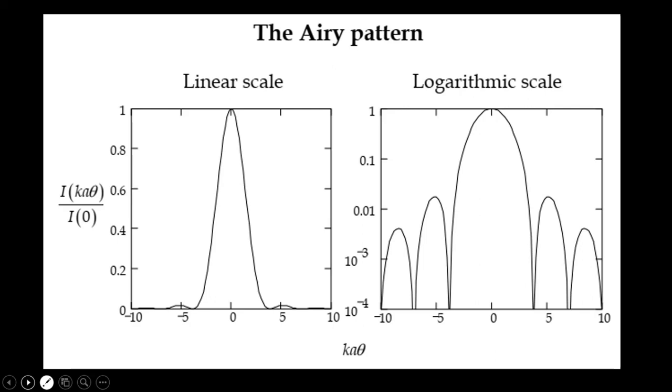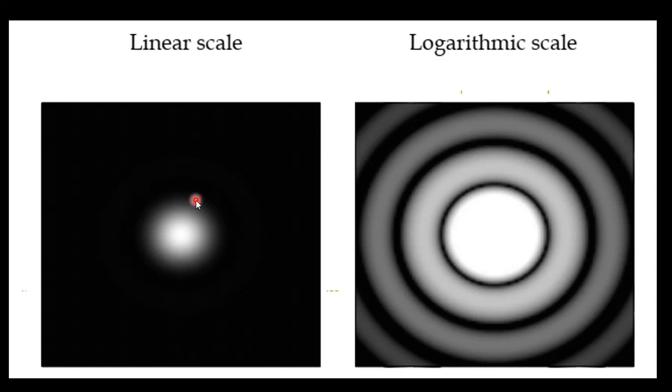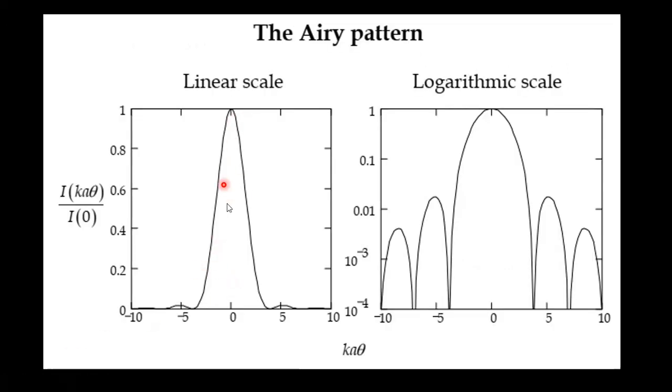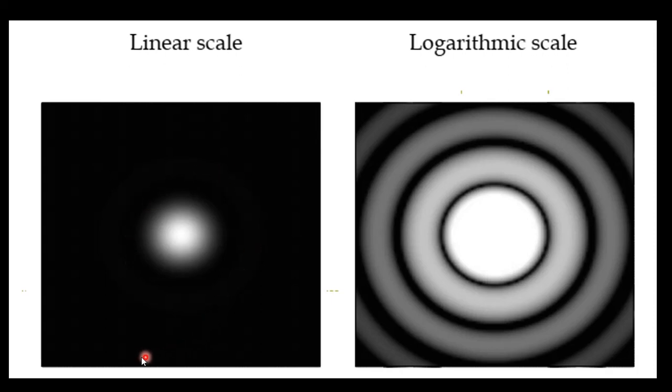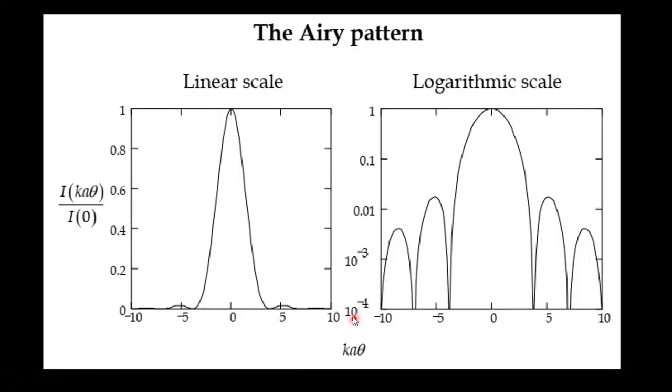And if you want to see the array within this diffraction pattern, on the linear scale it will look like that, and on the logarithmic scale it will be increased, and the actual image will be like that. In the linear scale only this is prominent and this is very low intensity, so negligible, but in the logarithmic scale you can see it becomes prominent, because it appears.